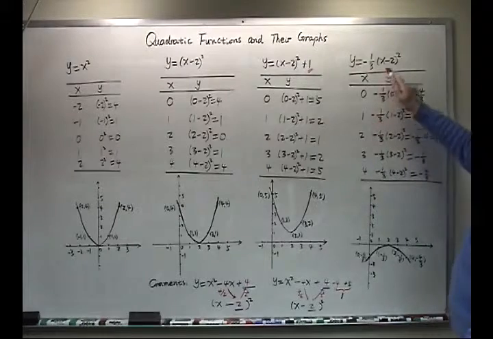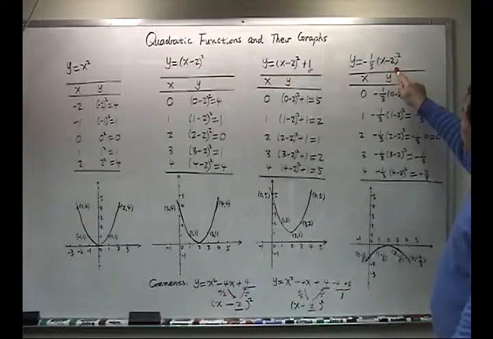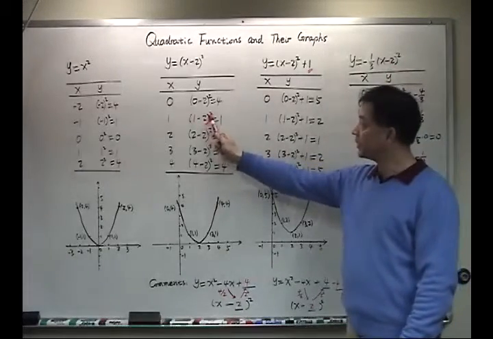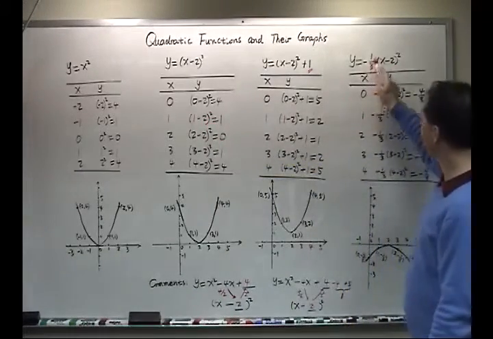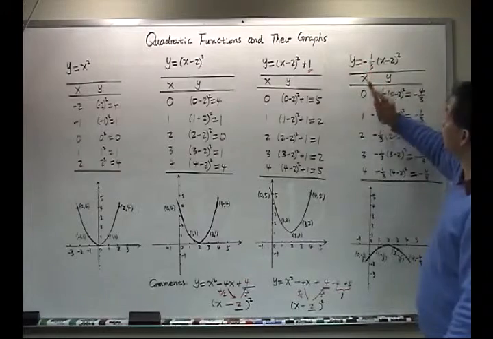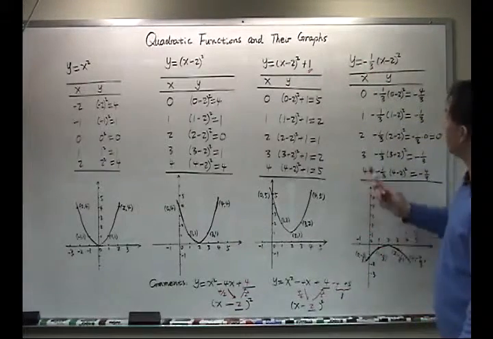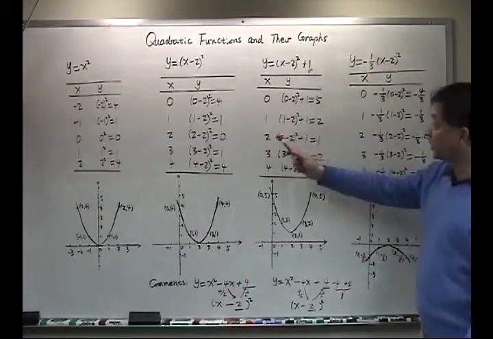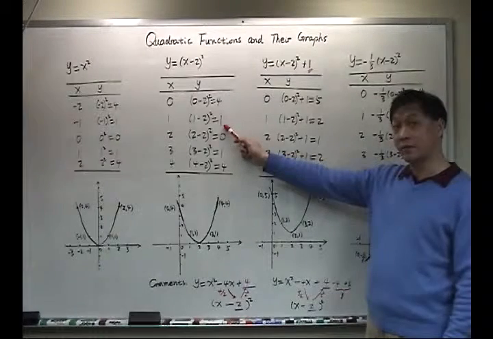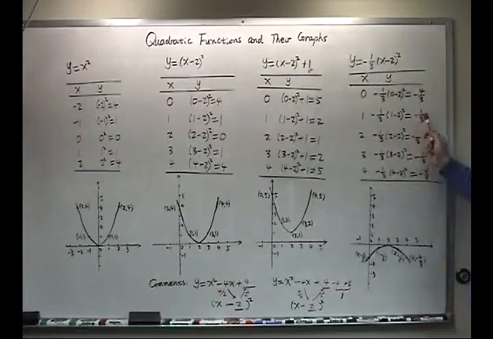You plug in 1 here, inside the parentheses is 1 minus 2 squared. We have a coefficient -1/3, so it's divided by -3. So it's this 1 divided by -3, you have a -1/3.